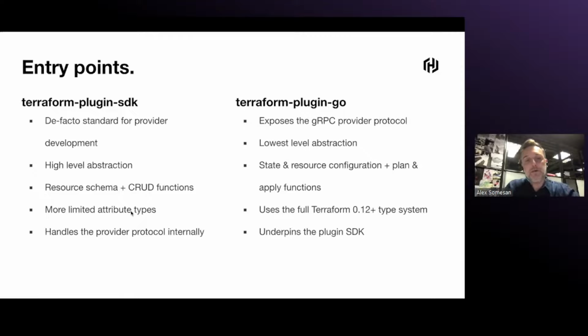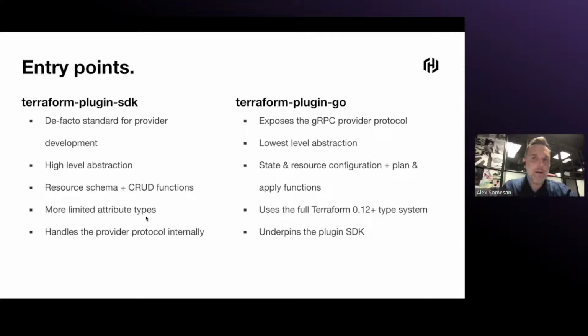On top of that, you have a historical set of attribute types, because the SDK aims to maintain very long-term compatibility and support all providers since the beginning of Terraform, and at least as much as possible, earlier Terraform versions working with new providers.